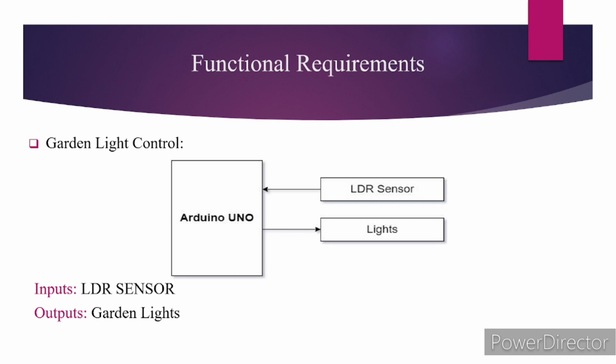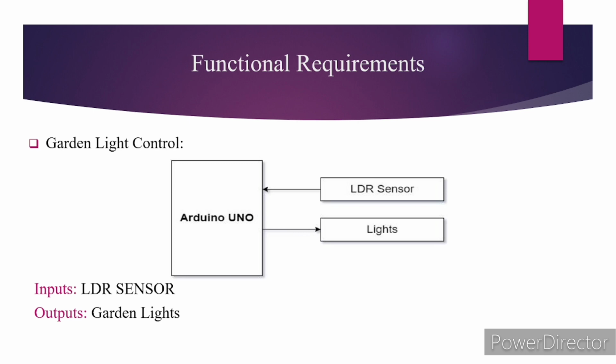Functional requirements of the project are: the first requirement is garden light control. Our aim is to control the garden light based on the availability of sunlight during the daytime. The sunlight will be more, so we need to turn off the garden light, and during sunset it gets darker.